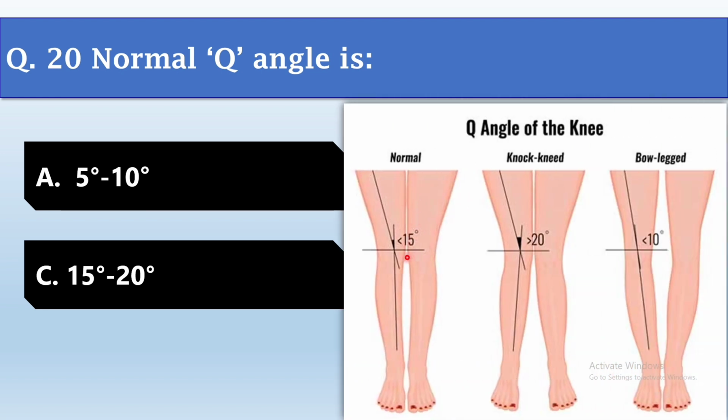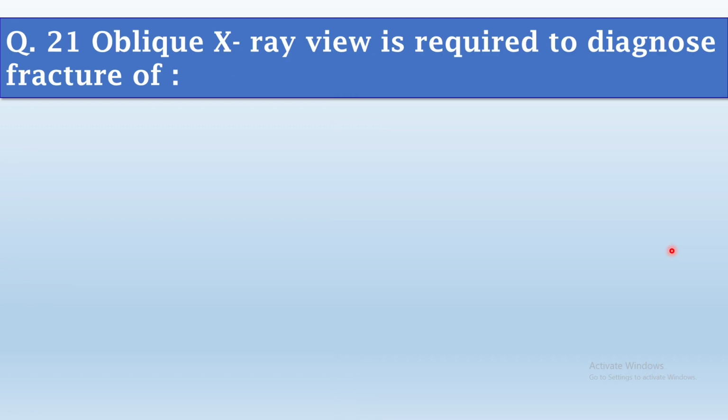With an increase in Q angle, the deformity of the knee is knock knee, and with a decrease in the Q angle to less than 10 degree, the deformity of the knee is bow-legged, bow knee.